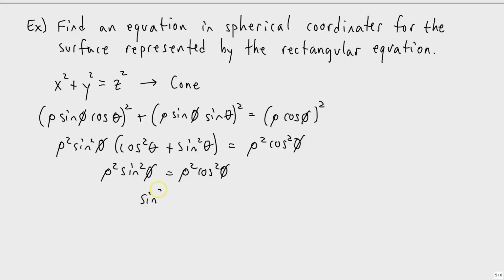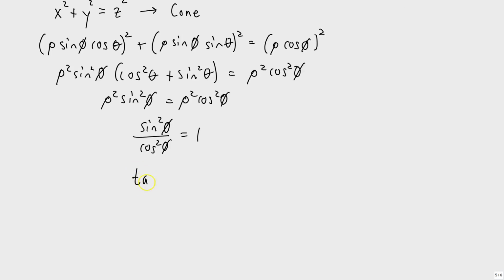So sine squared phi divided by cosine squared phi has to equal 1. In other words, tangent squared phi equals 1. So we can stop there if we want.